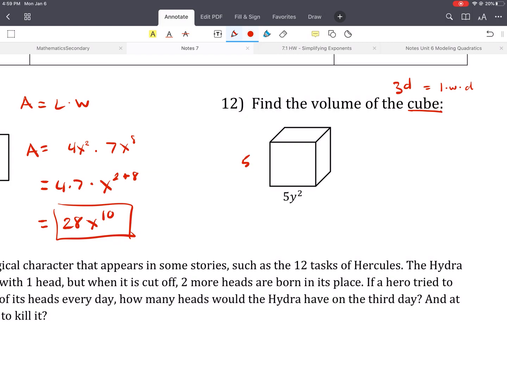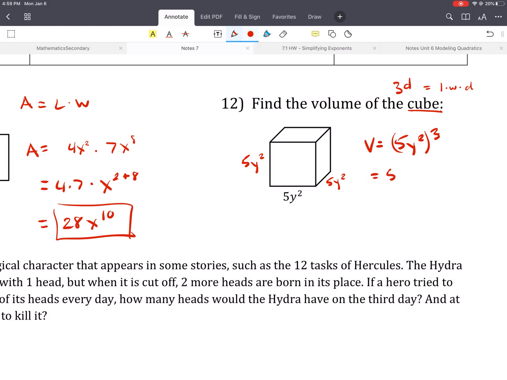So this would be 5y squared. This would be 5y squared. Okay? And to find the volume, we just multiply those together. Okay? So that would be like 5y squared. And we can square that. Or cube it, I mean, since they're all three the same.